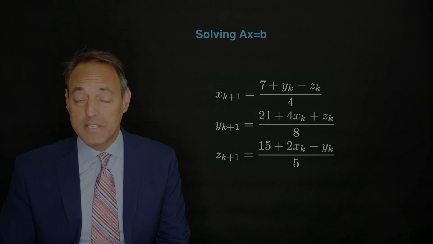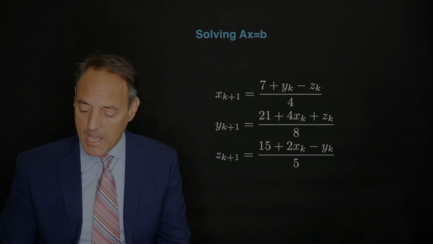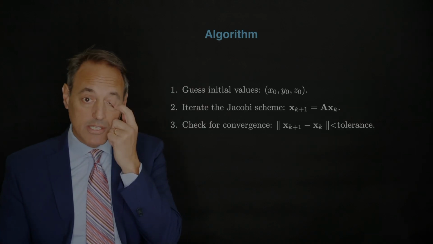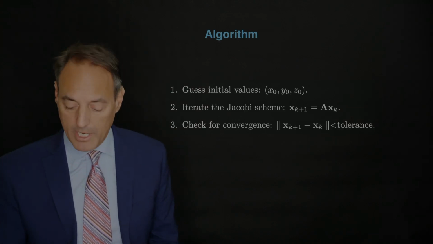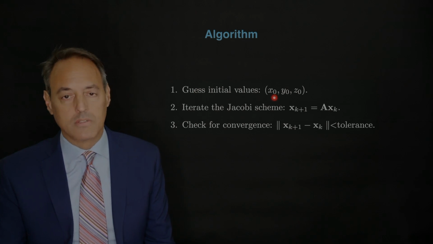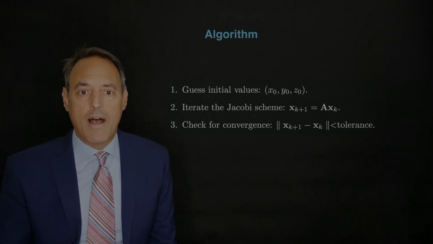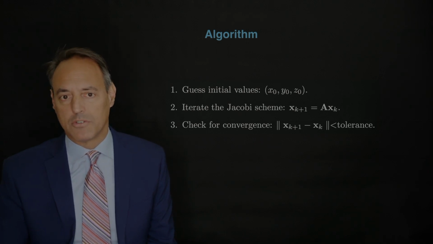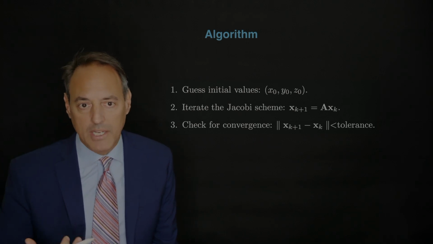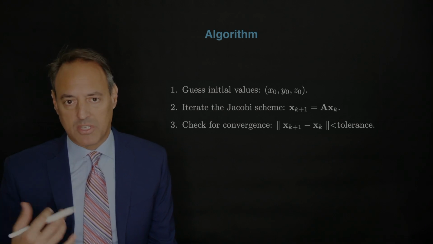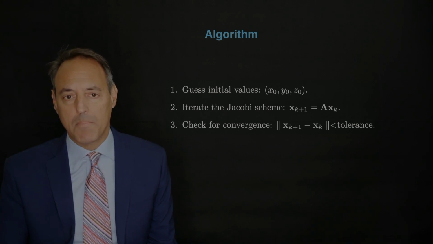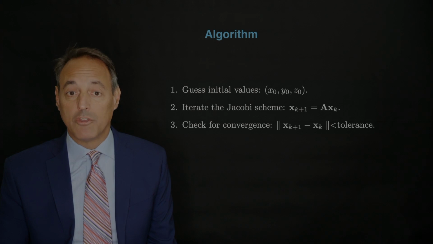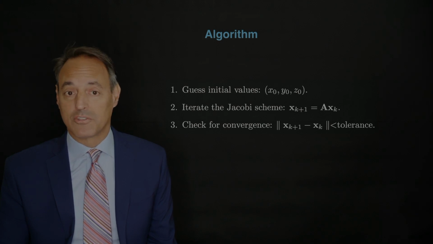So it's a pretty simple algorithm to write for the iterations. Here is how it would go. You start off with some initial guesses, and if you don't have a good guess, just pick 0. Say I guess all the values are 0. Of course it's not right, but you just guessed it, and what you're hoping is that as you iterate forward, you might in fact converge to the solution.